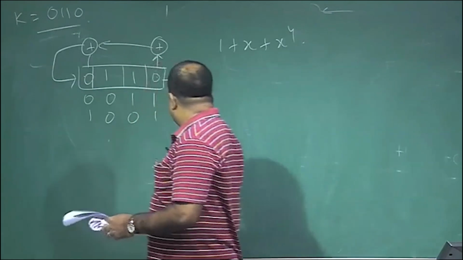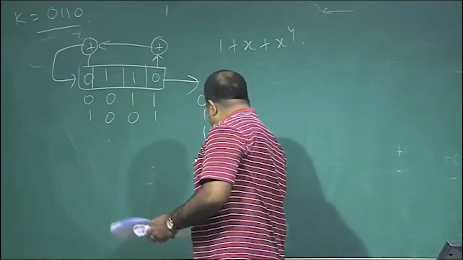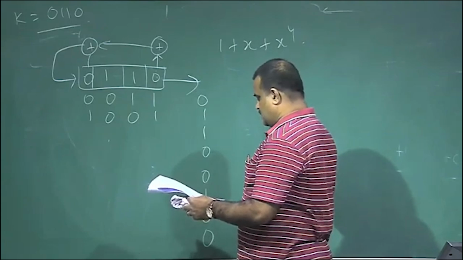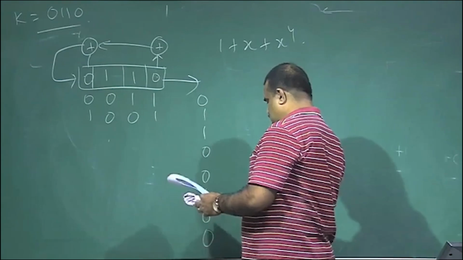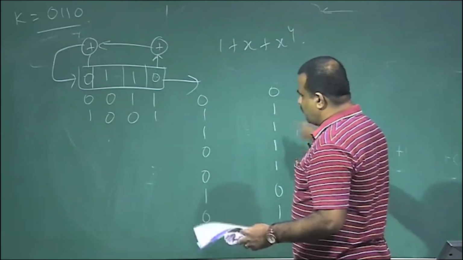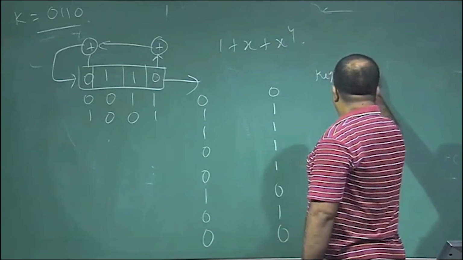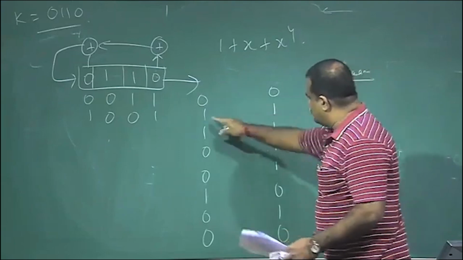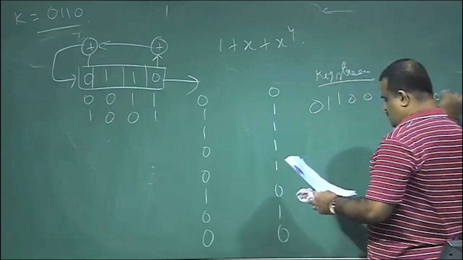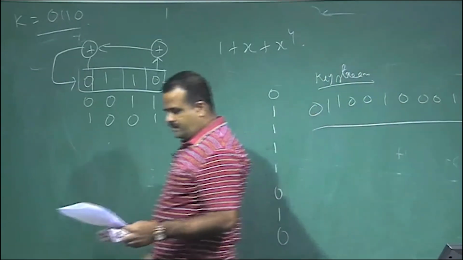If we continue like this, we will get 1 1 0 0 1 0 0, then again 0 1 1 1 1 0 1 0. This is 16 clockings. So, the key stream we are getting is 0 1 1 0 0 1 0 0 0 1 1 1 1 0 1. So, this is the full sequence, period 15.